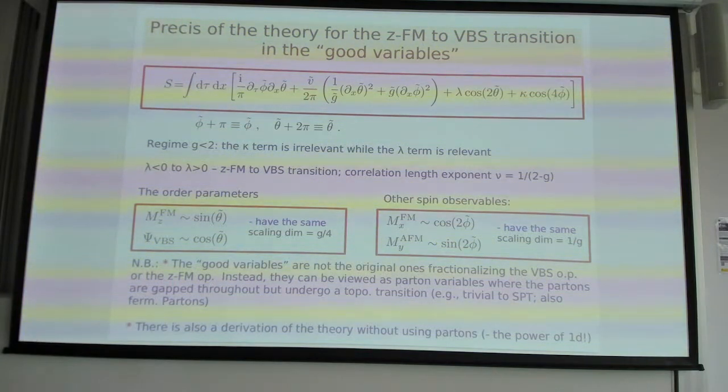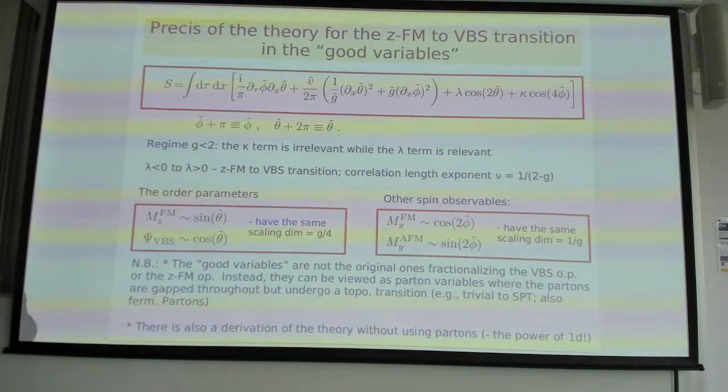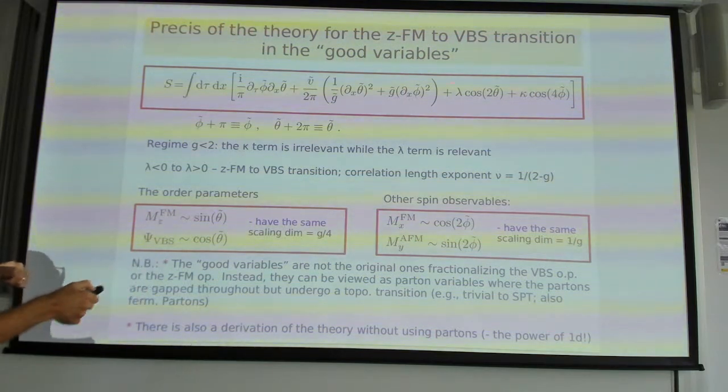You cannot understand it in these variables other than just saying, look, we have the same scaling dimension and it happens to be precisely 2. So most likely the outcome is that they will keep balancing each other and you have continuously varying exponents. But these variables would not be good variables for that transition.